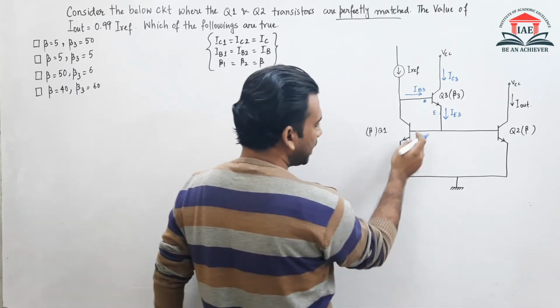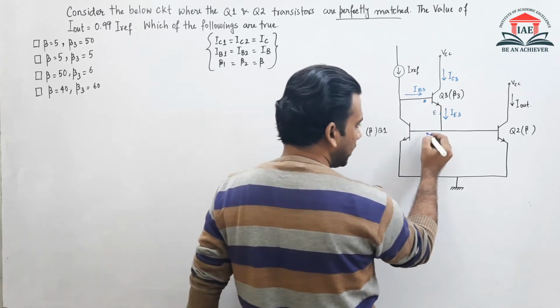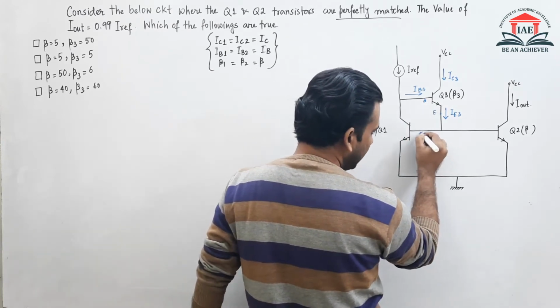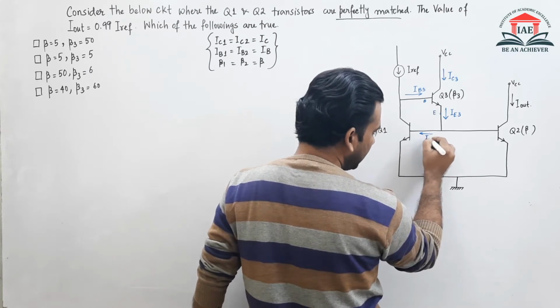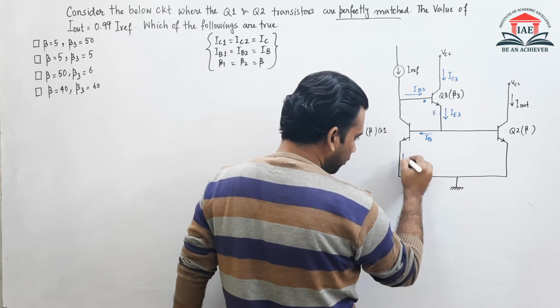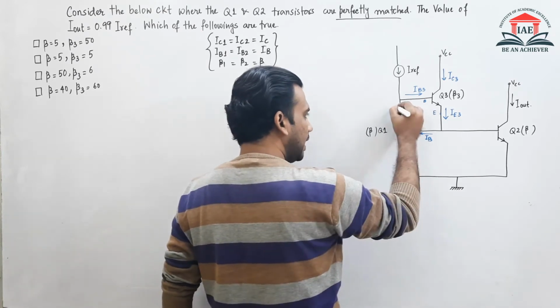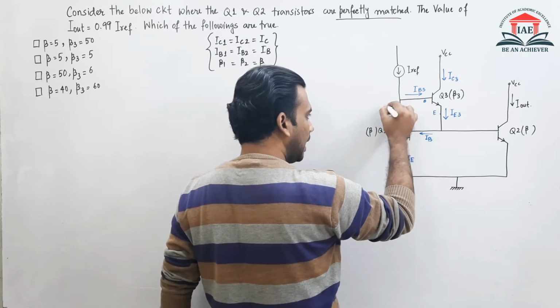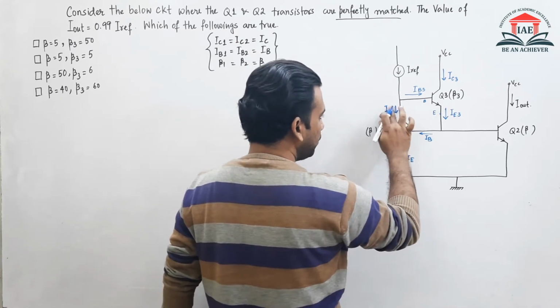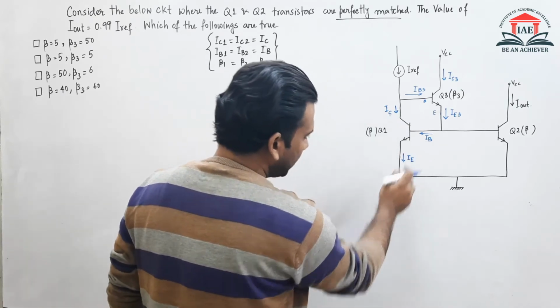Q1 is an NPN transistor. So the IB current will be in the inward direction, and the IE current will be in the outward direction. Here we get the IC current. So IC, IB and IE.